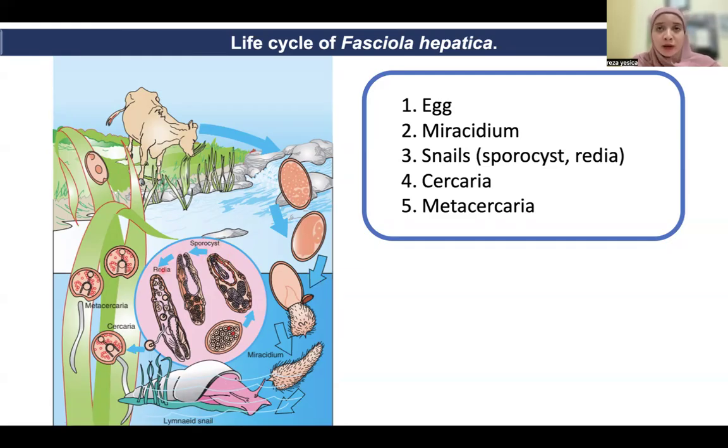Both of them are embryonic stages, with asexual reproduction, and they will produce cercaria. After that, cercaria will come out from snails into the environment, and they will find vegetables or grass, and they will attach to the grass and change into metacercaria.